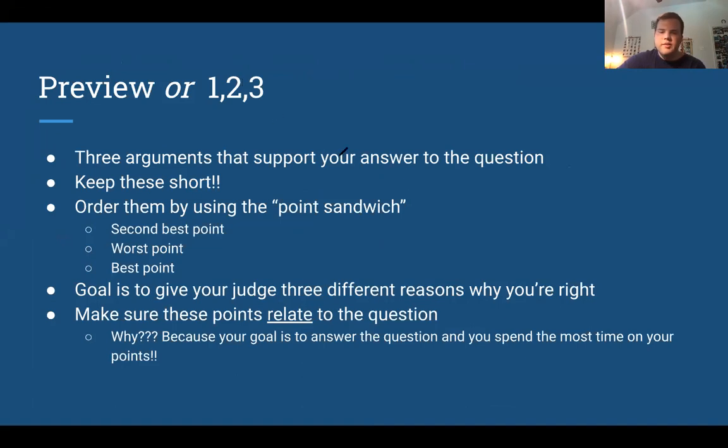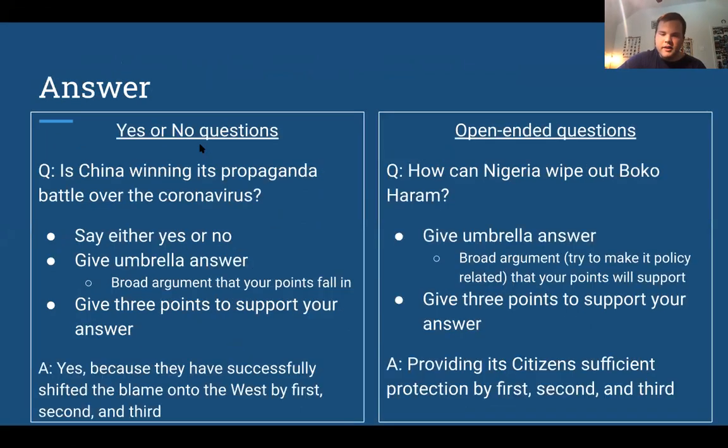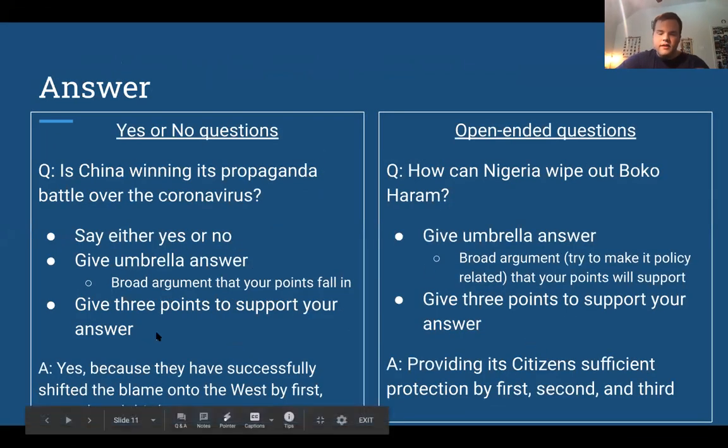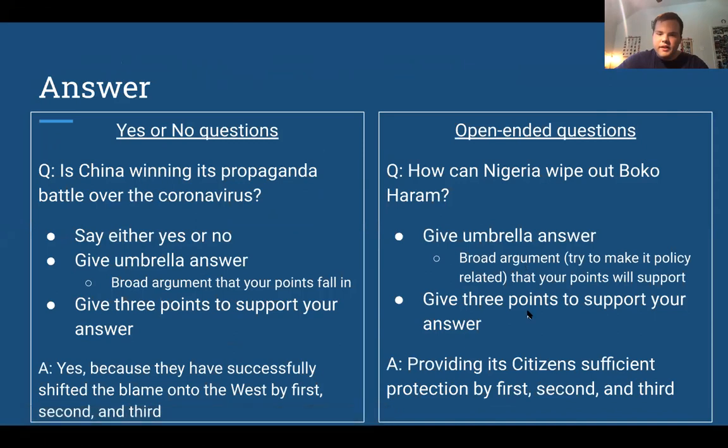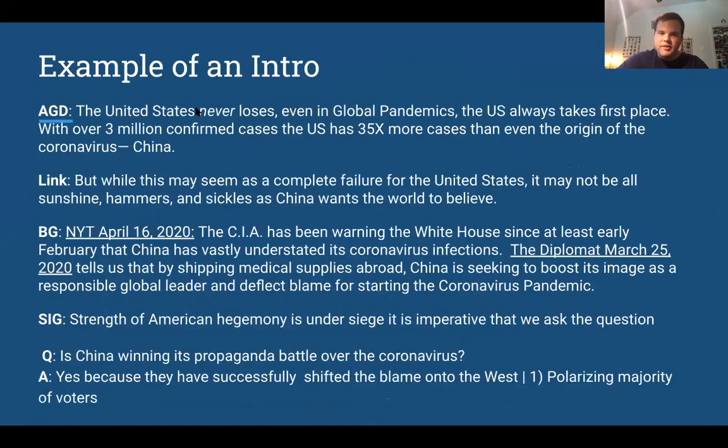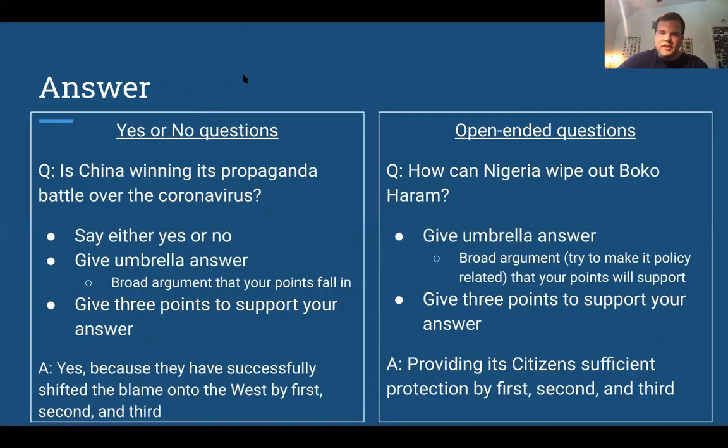And this is going to support your umbrella answer to the question. So back here, these first, second, thirds give 3 points to support. I'm so sorry, I don't know how to work Zoom. Okay, again, your preview is these first, second, thirds. You're previewing, first I'm going to talk about, second I'm going to talk about, and third I'm going to talk about. Same thing. I'm previewing first, second, third, and these are my 3 points.